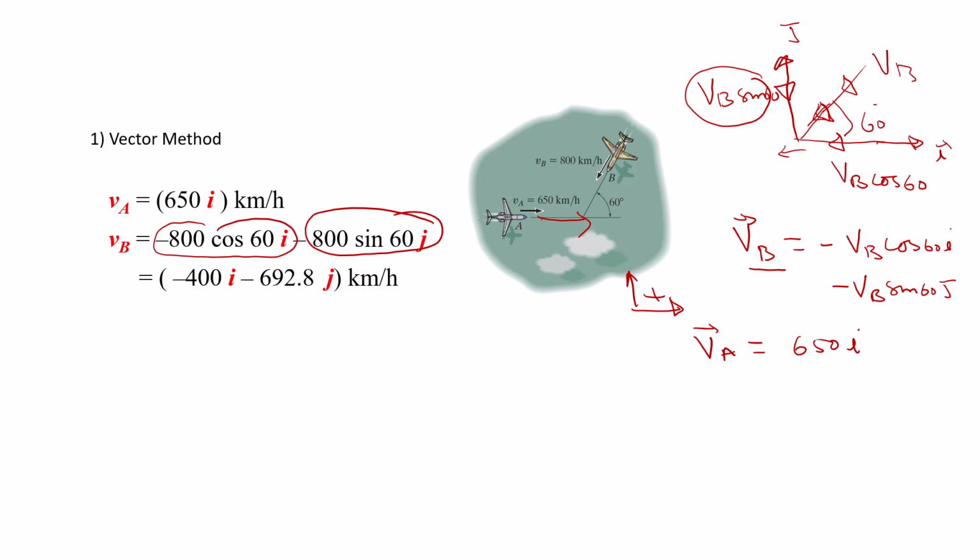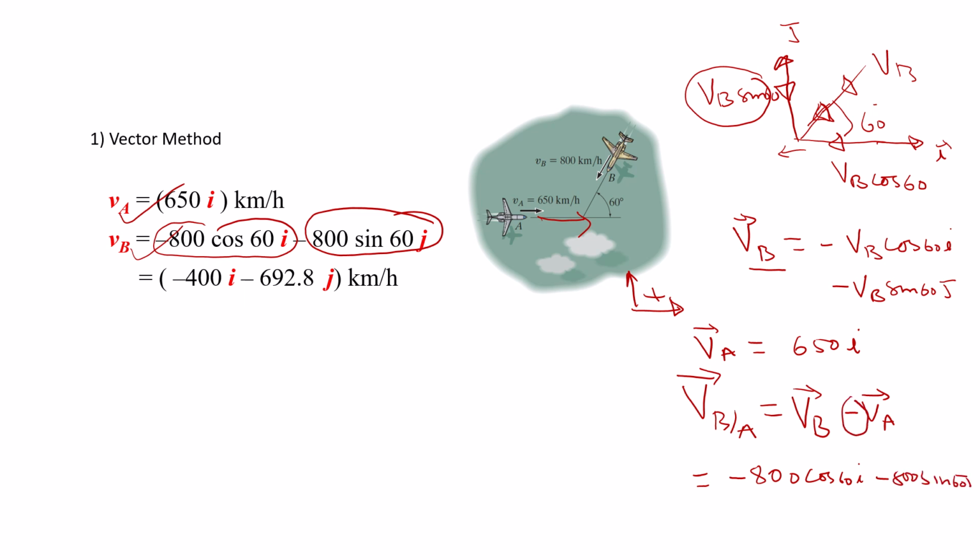Now we know VA, we know VB. Now we want to find VBA. Again, this is a vector which is VB minus VA. So put in the values. VB is minus 800 cosine 60 I, and then minus 800 sine 60 J, and this minus comes from the formula. Remember this.